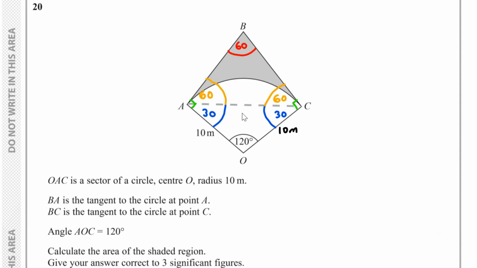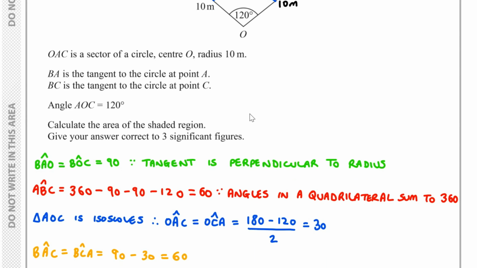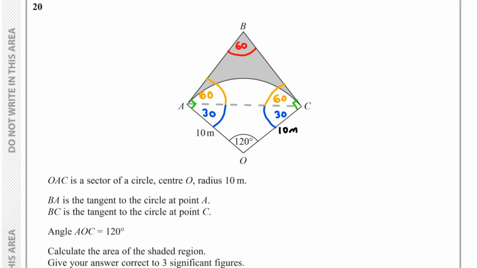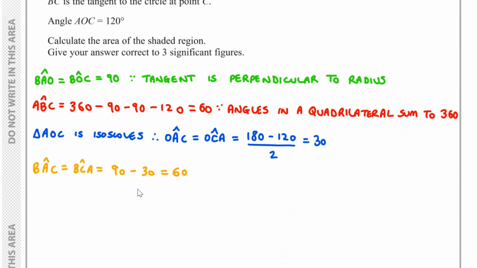And because that's equal to 60 degrees, we can therefore conclude that the triangle ABC is an equilateral.